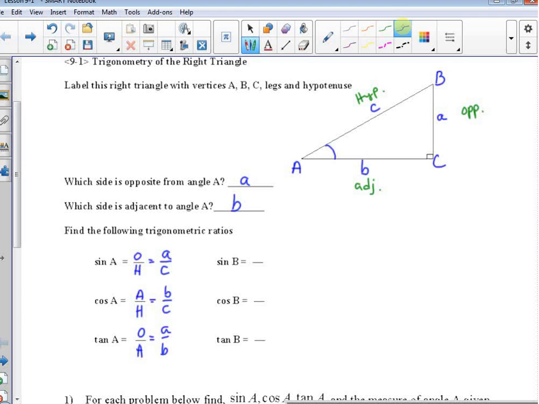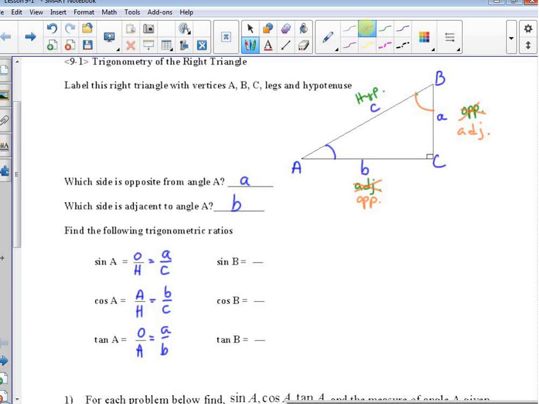Now I'm going to mark this up because I'm no longer going to be talking about angle A. I'm going to be talking about angle B. So now I'm going to actually change that color. So I'm talking about angle B. So now this is no longer the adjacent and the opposite. Now this is the opposite. And this is the adjacent when I change the letters. Hypotenuse is still the same.